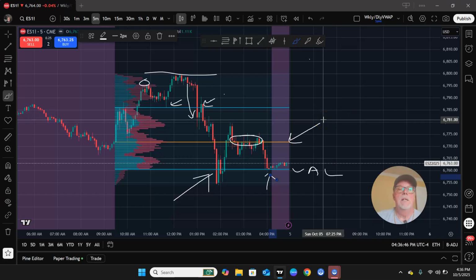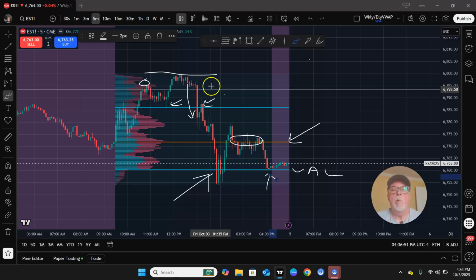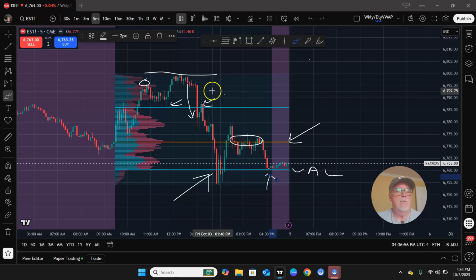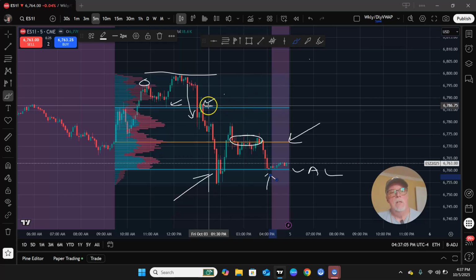So these levels, I hope you can see, are very, very important levels to pay attention to and trade from in conjunction with time and sales, reading the tape.